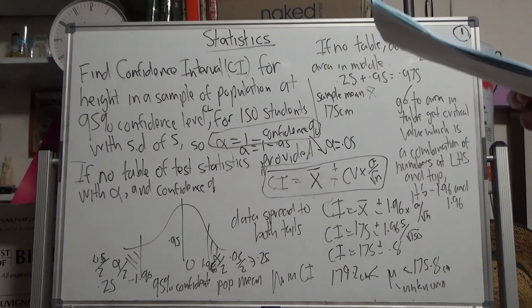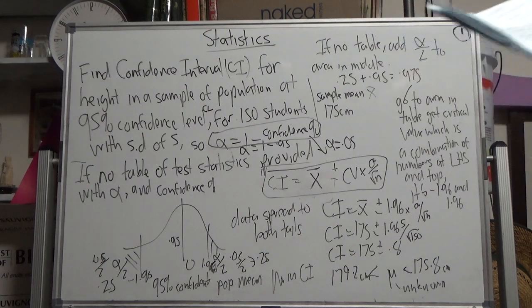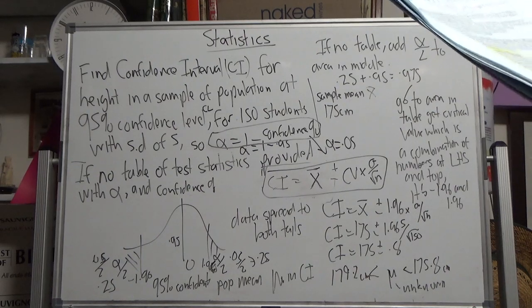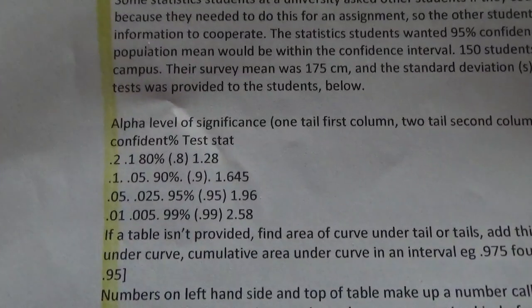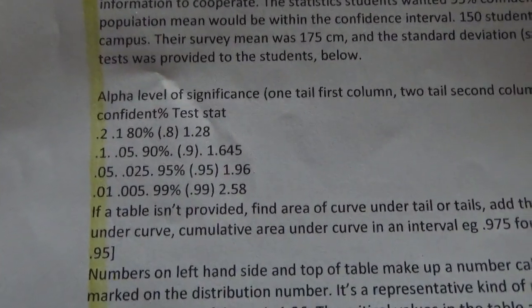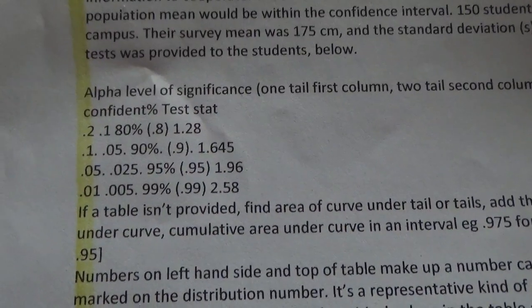A table of typical critical values was provided to the students below. I'll just make sure that you can see that okay. Yeah, that's a table of typical critical values.